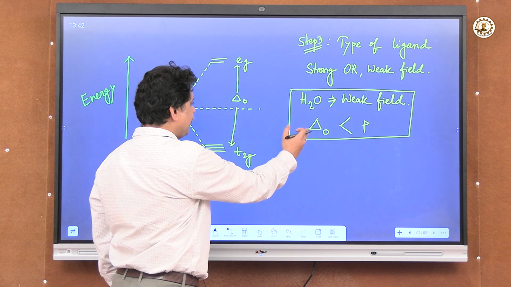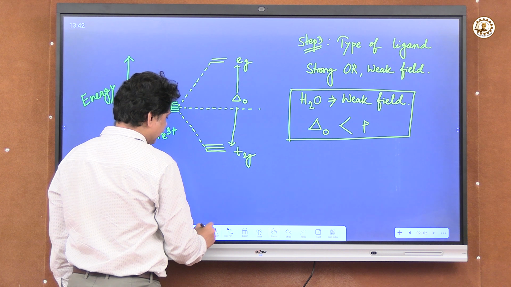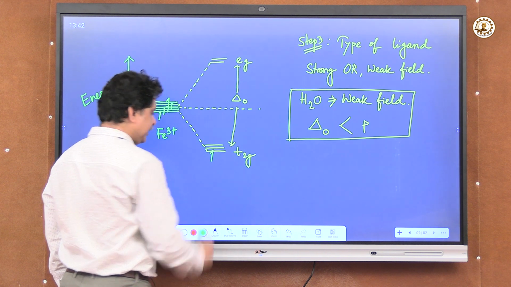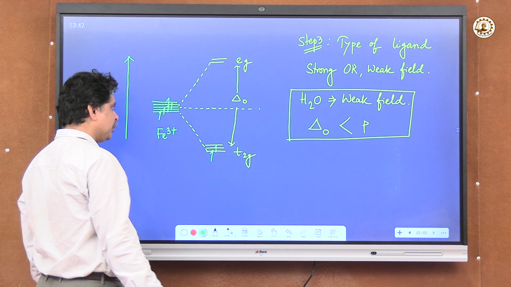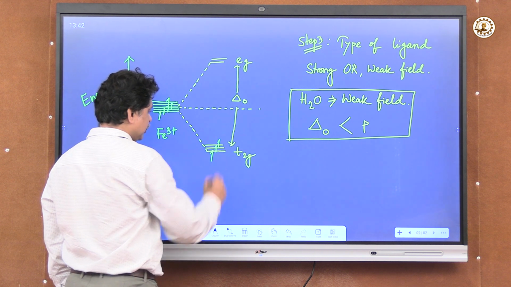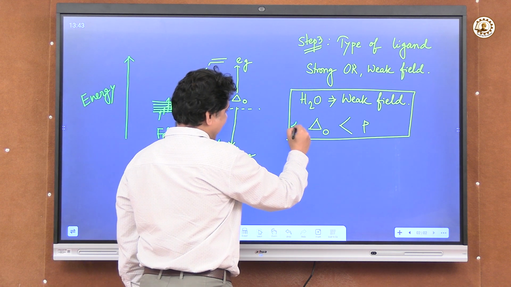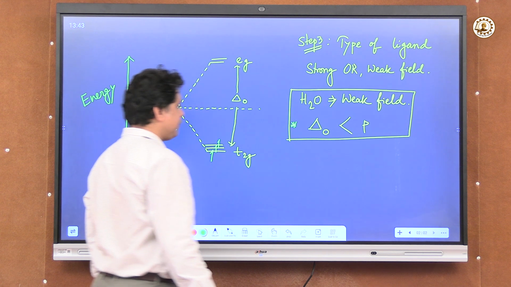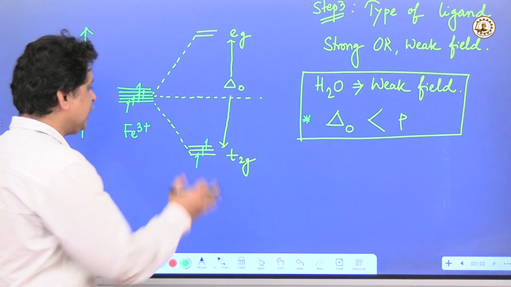Now if delta O is less than the pairing energy, what do we know? The first electron will move into t2g. The second electron will move into t2g. The third electron also moves into t2g. Now comes the criteria: as delta O is less than the pairing energy, electrons do not pair up in t2g.